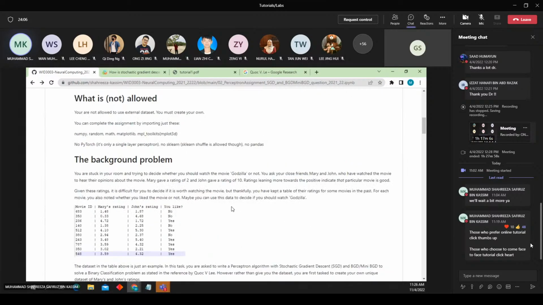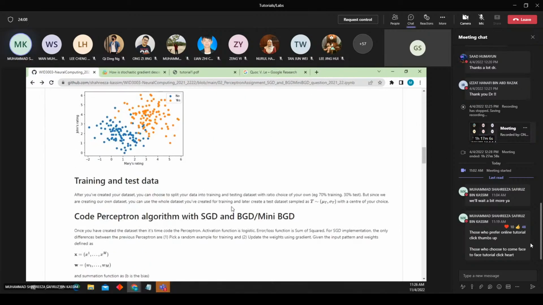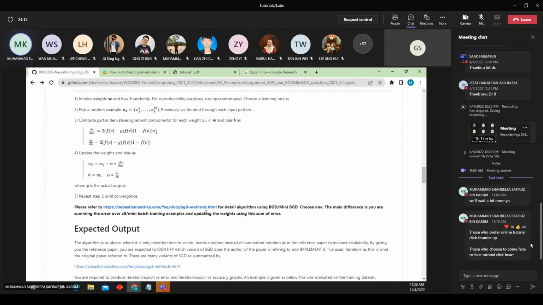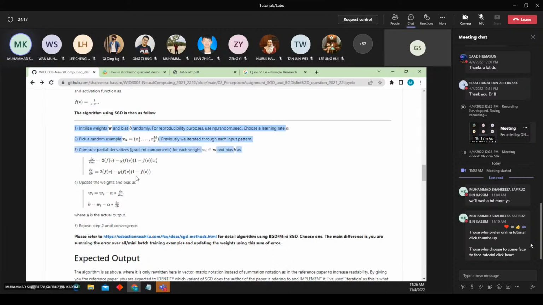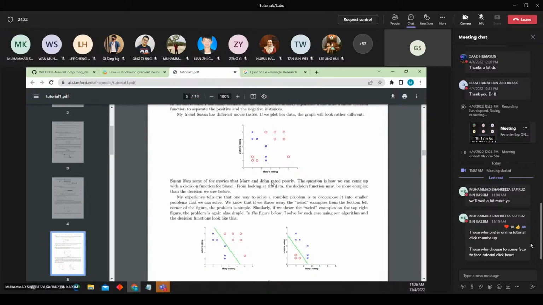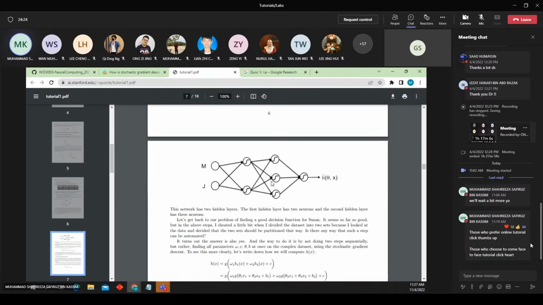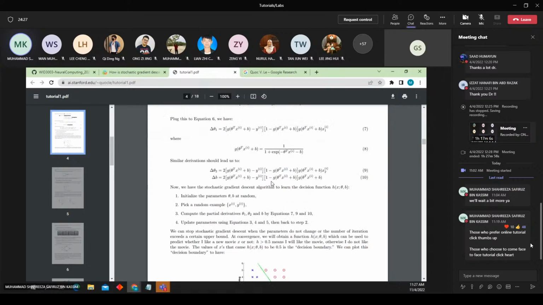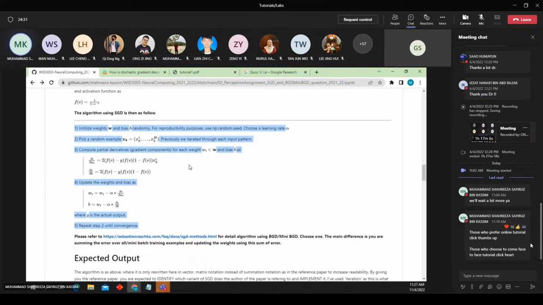In this example, I've demonstrated using batch gradient descent, and I've written the algorithm for stochastic gradient descent. This algorithm is from the code release tutorial, about this part. And for batch or mini-batch gradient descent, whichever you choose, you can find it here.